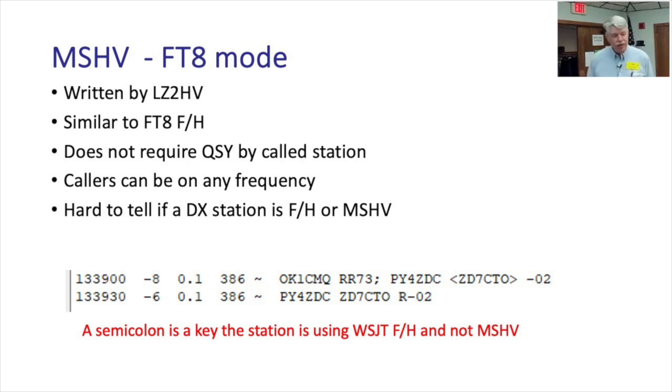But now you've got to watch for a while because he may not be decoding enough stations that the program actually splits them up that way. He might be using Fox and Hound, we just don't see it. So if you don't know, I would generally assume that it is Fox and Hound until you know otherwise. Next slide.